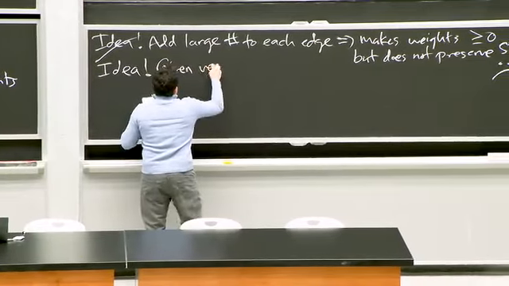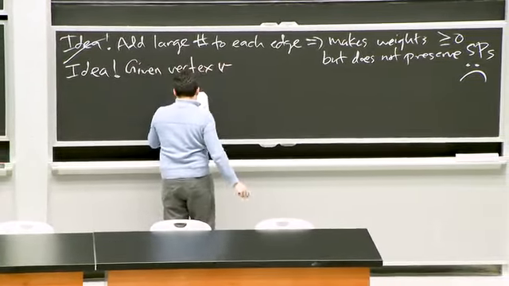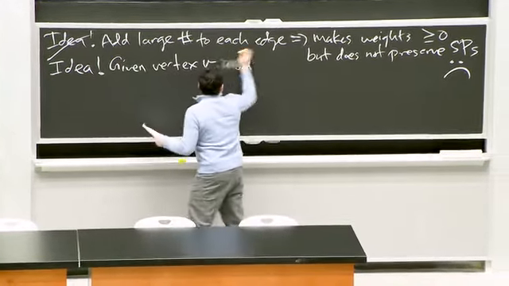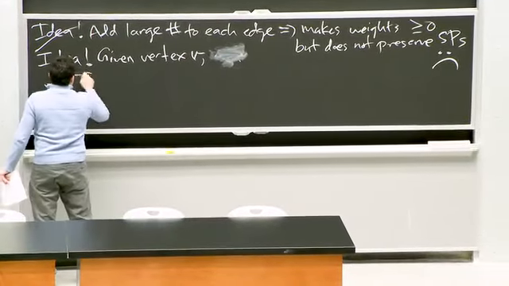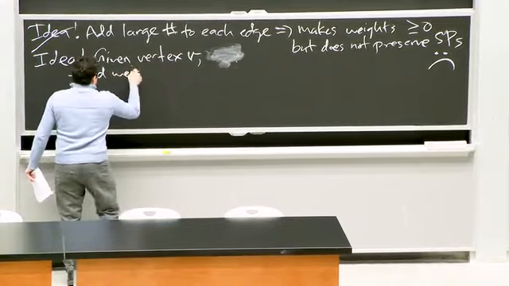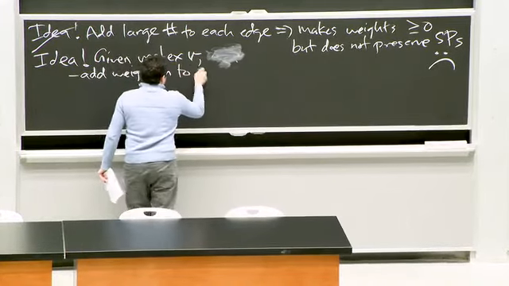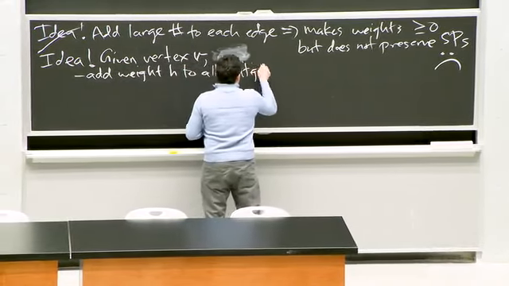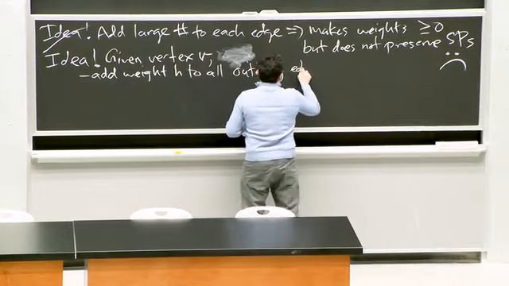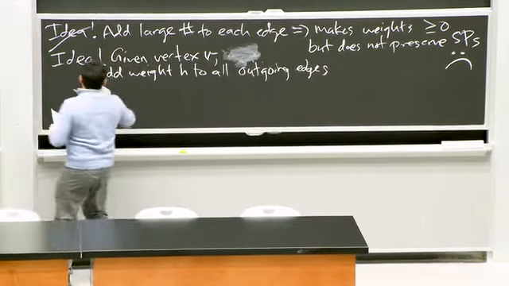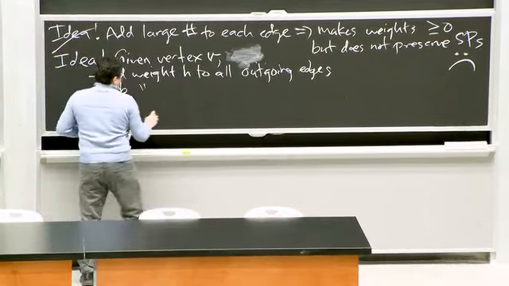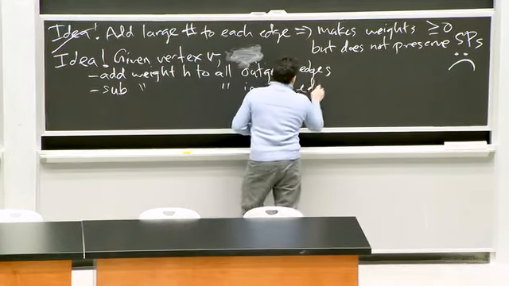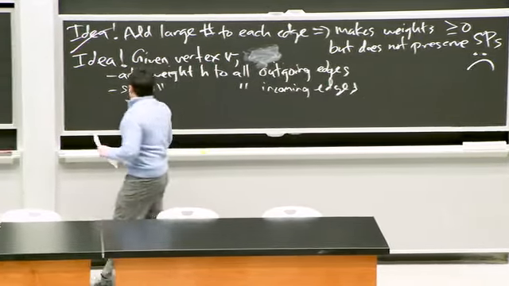Given vertex V, I'm going to put this on 2 lines: add weight H to all outgoing edges, and subtract weight H from all incoming edges. So that's the idea.